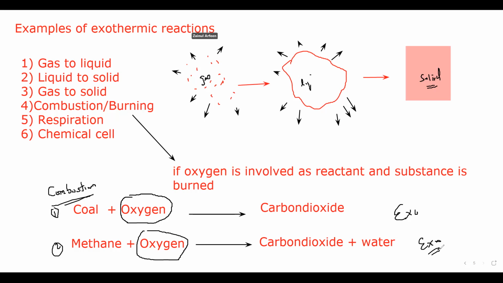Is it clear? The concept of combustion reaction: when we burn a substance in the presence of oxygen, oxygen is always involved as a reactant. So we call them exothermic. Overall, in terms of energy, it will be an exothermic reaction, and the category of the reaction is known as combustion or burning.